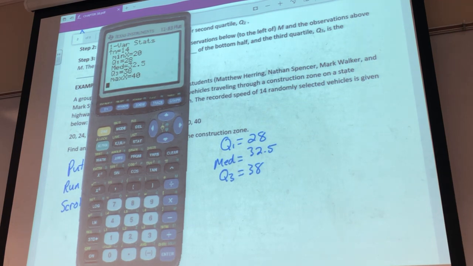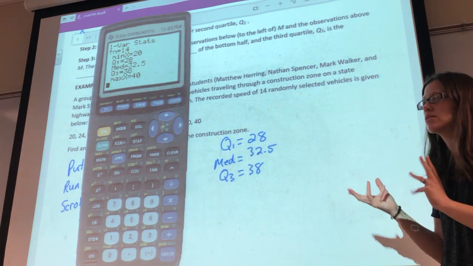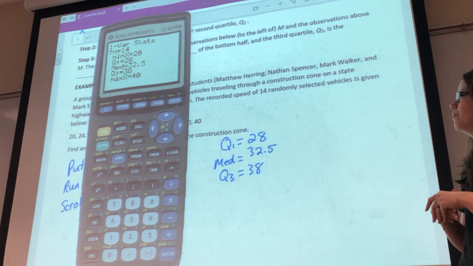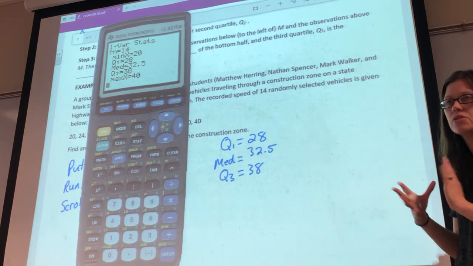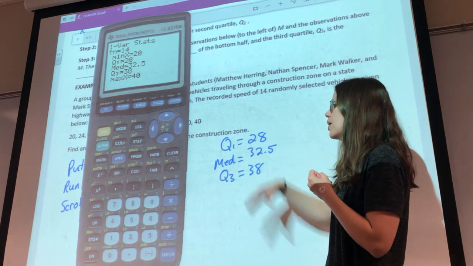So when I have this one on the test, I made it so that you have a list. It's not too long. It's not like 50. But it's maybe 15 to 20-ish numbers that you'll have to put in your L1, and then I ask you to do basically all of your one-bar stats. So I ask you to do the mean, the standard deviation, what is going to become your 5-number summary, which involves these ones right here.